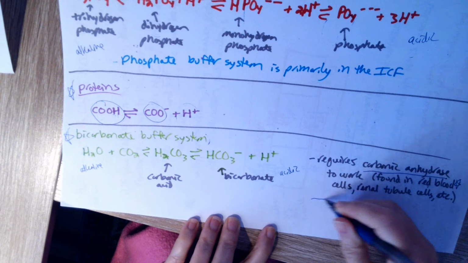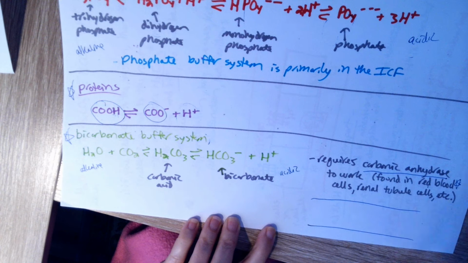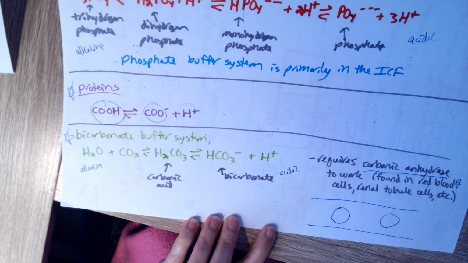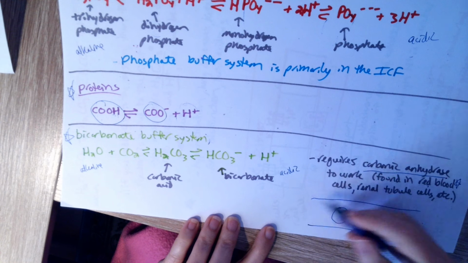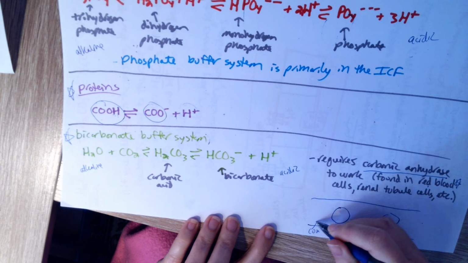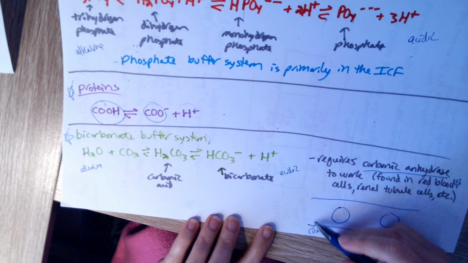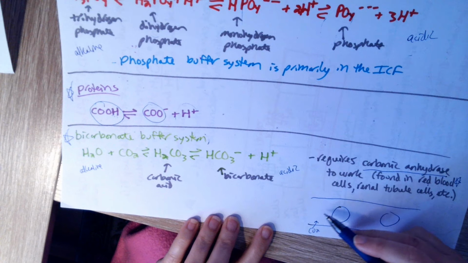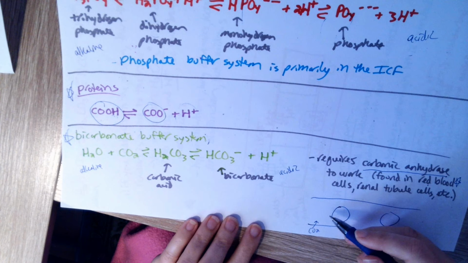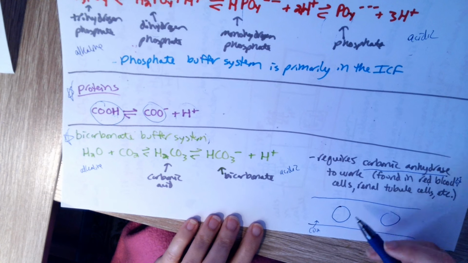When you think about blood plasma, which is the fluid part of blood, the water part of blood, and you've got your red blood cells in there, and all the cells in the tissues surrounding the blood are making carbon dioxide, and the carbon dioxide is getting into the blood. You want that to happen so that you can bring this blood to the lungs and exhale the carbon dioxide. You don't want carbon dioxide building up in the tissues and in the blood plasma.